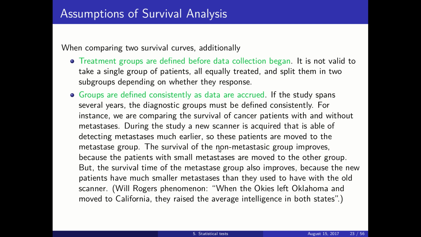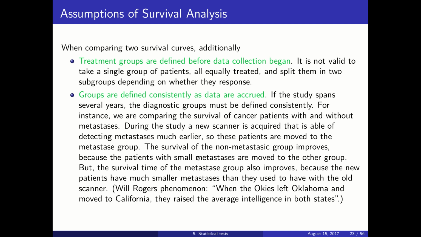The survival of the non-metastatic group improves because the patients with the smallest metastasis are moved to the other group. But the survival time of the metastasis group also improves, because the people that are coming in have a smaller metastasis than before. So actually the survival time has changed in both groups because of the new machine.